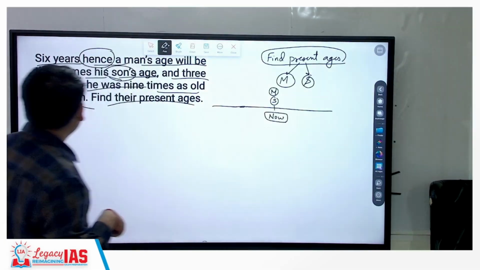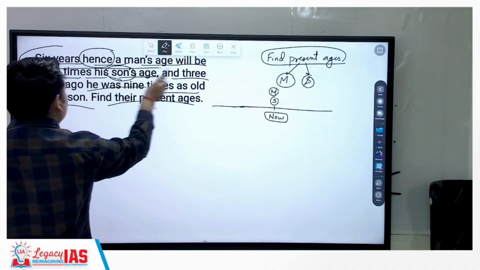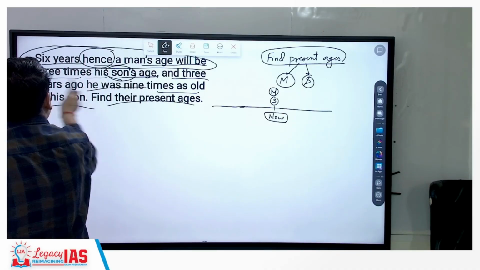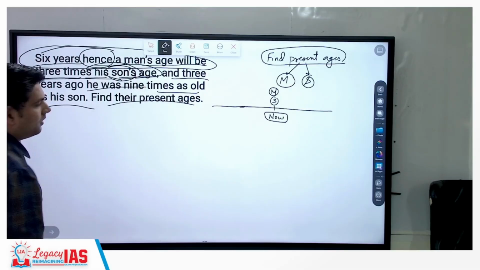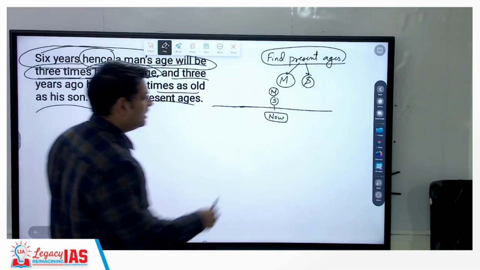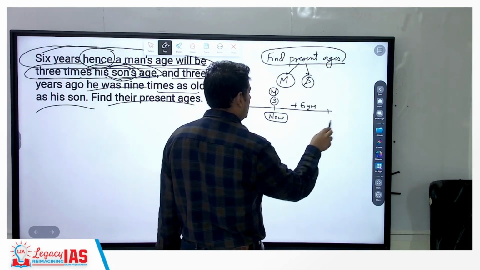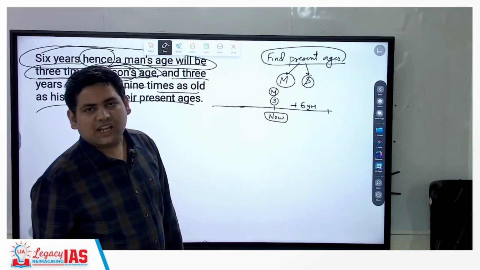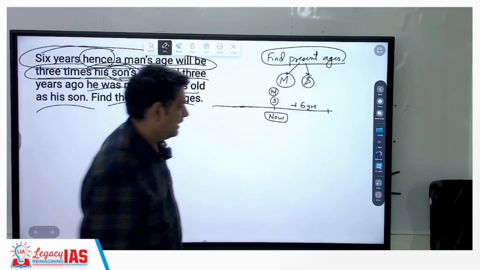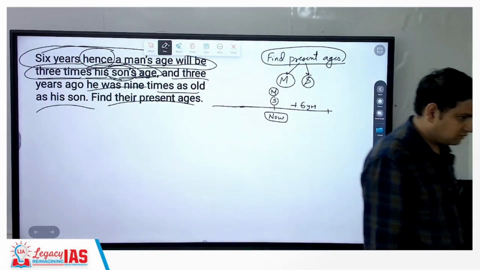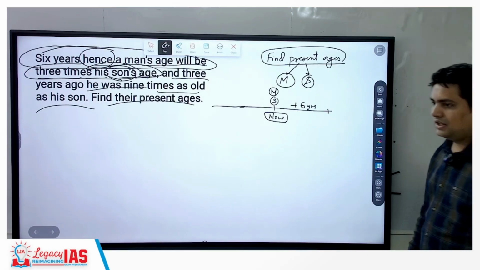Now, it says 6 years hence, a man's age will be 3 times his son's age. 6 years hence means after 6 years, so plus 6 years. Now, after 6 years, what will be the age of both of them? Understand this.